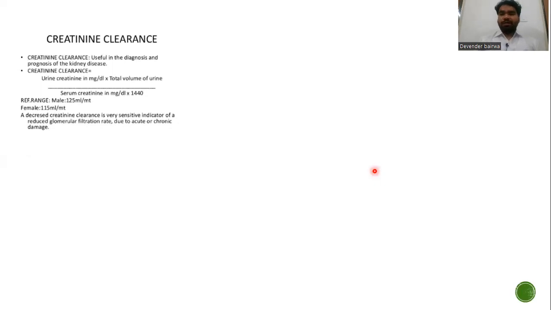So generally we don't measure the 24-hour urine volume, collect it, and then see how the kidney is functioning. We know every minute lots of blood goes towards the kidney and is filtered, and we have to measure it. The simplest way of measuring it is GFR, the glomerular filtration rate.